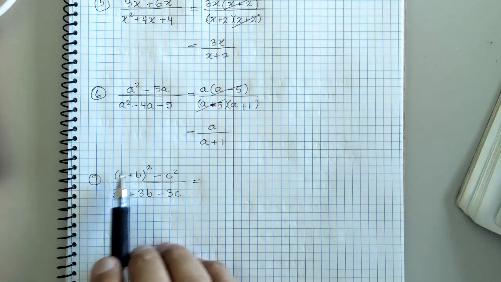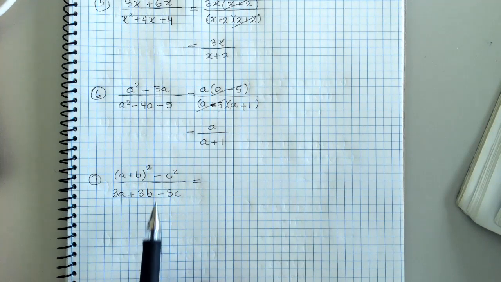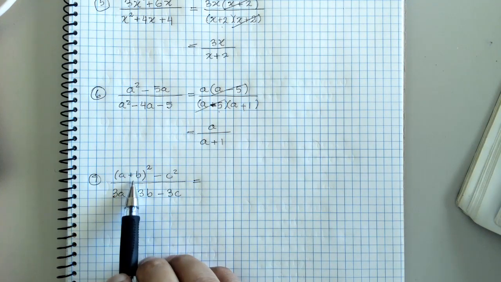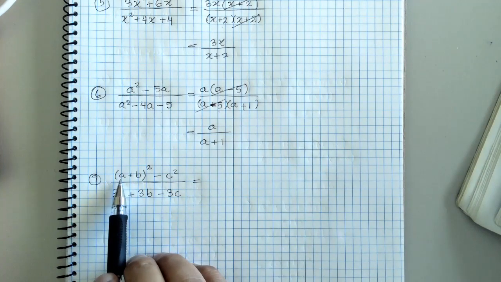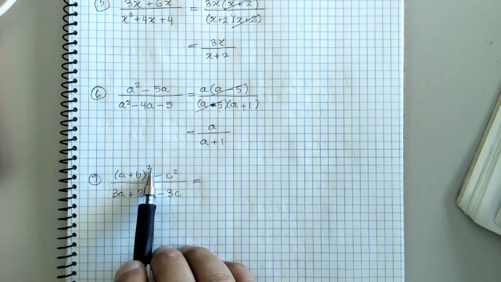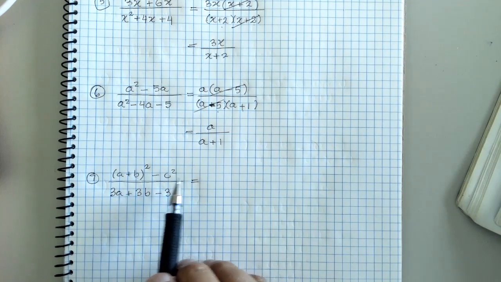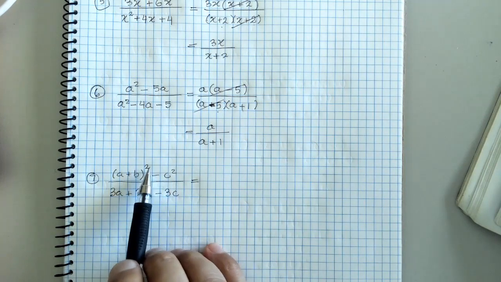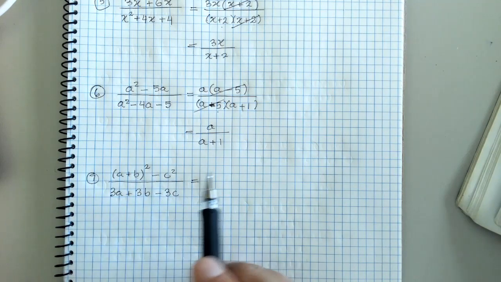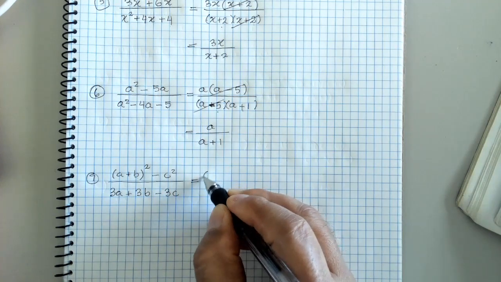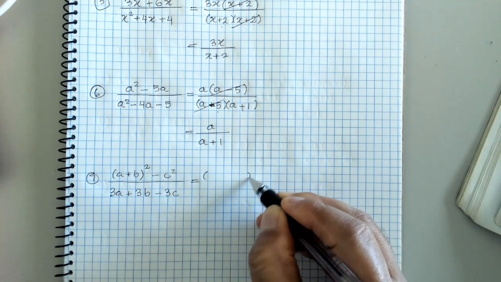Okay, and that is what we call the difference of 2 squares. The only thing is they look different because normally in here we have a square minus b square, but in here we have a plus b in bracket square minus c square, but the structure is the same. Okay, so whenever you have a square minus c square, then on the other side you're going to have 2 brackets.